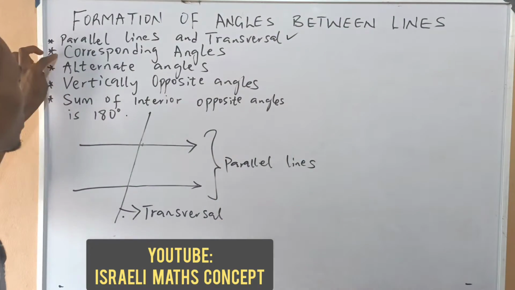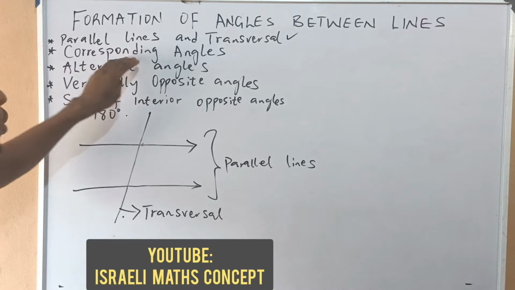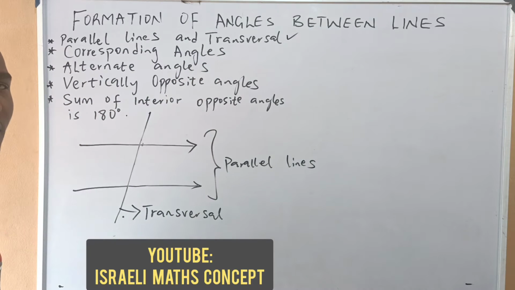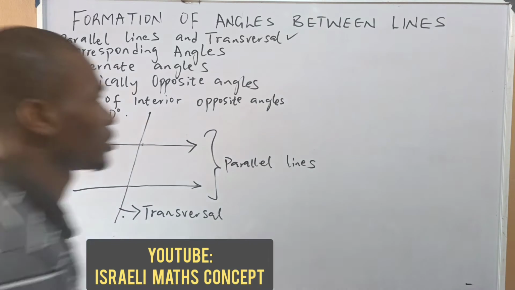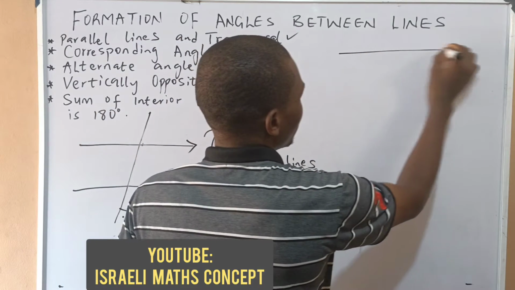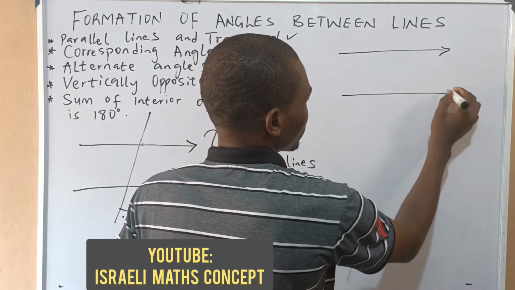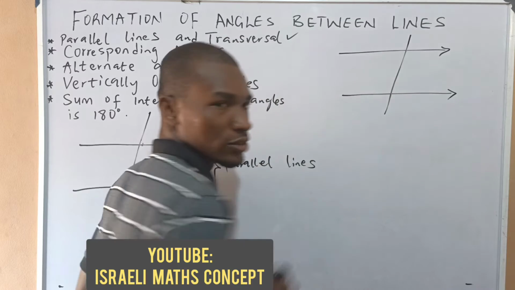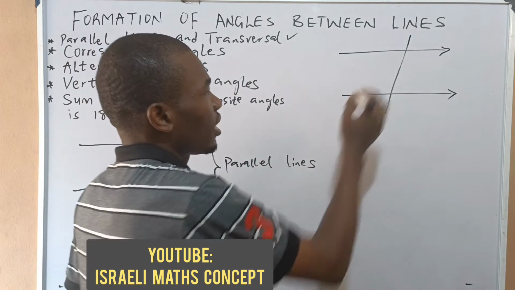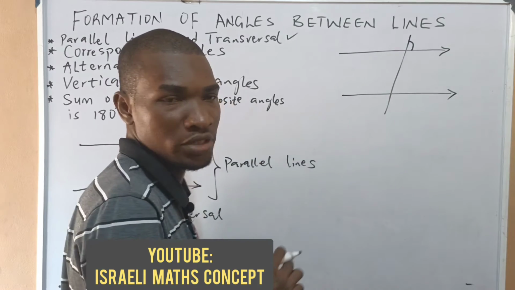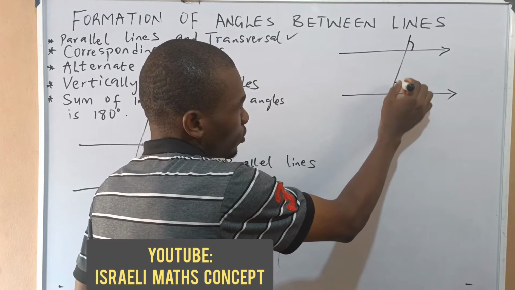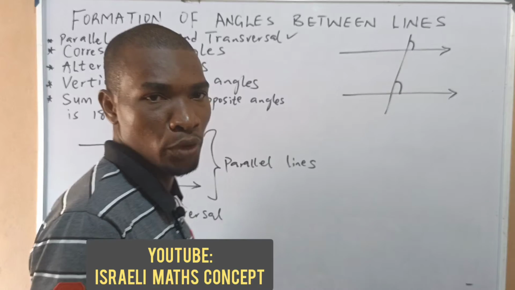Now we want to go into the second concept, which is corresponding angles. What is a corresponding angle? We can represent it by drawing two parallel lines with a transversal. Assuming we have two parallel lines with a transversal, and then we have an angle located at this given point and another angle located at this other given point.